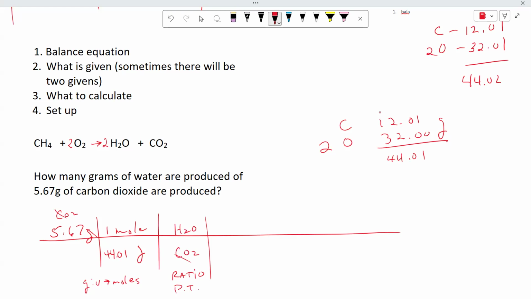Okay, now we have moles of water. We don't want moles of water, we want grams of water. So now we need to take the moles to what you're trying to calculate. That means we need grams on the top, moles on the bottom, so the moles cancel. And that's the 18.02.